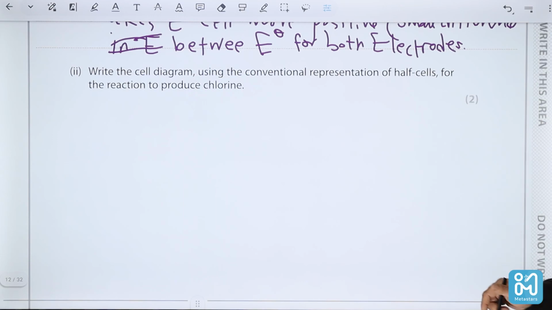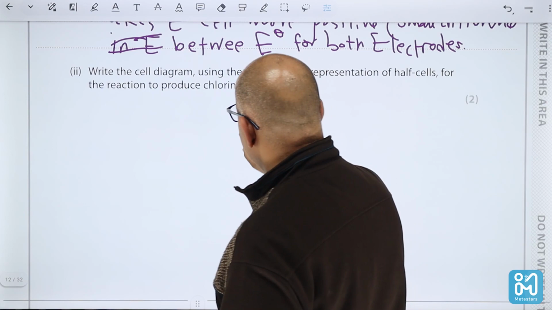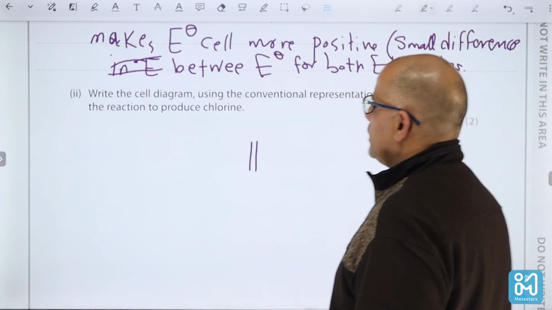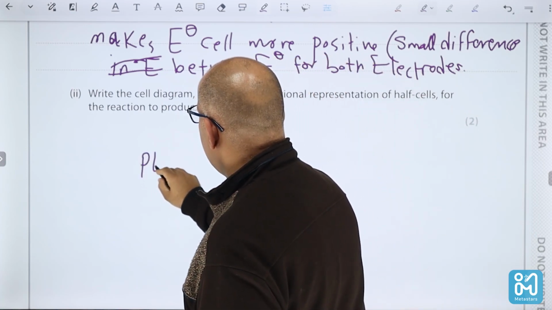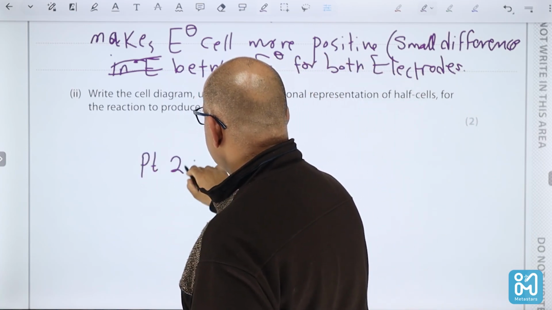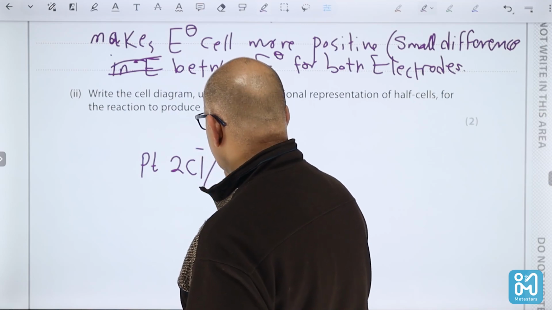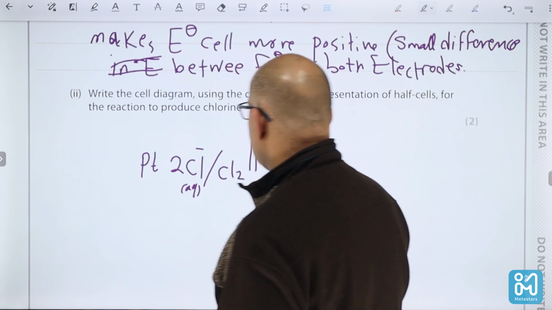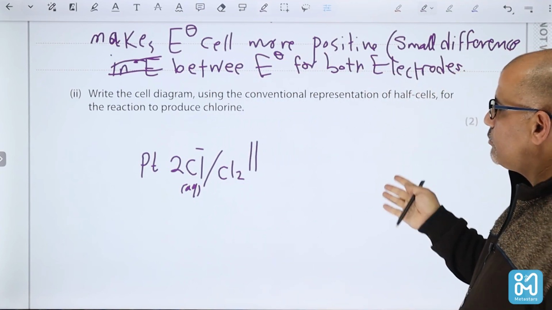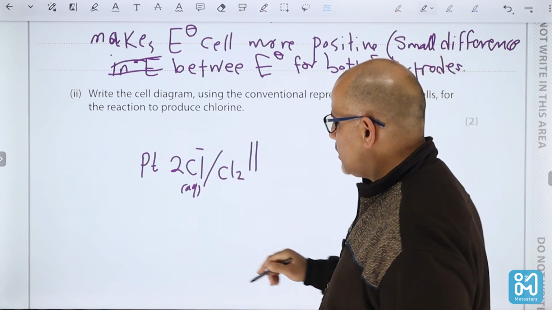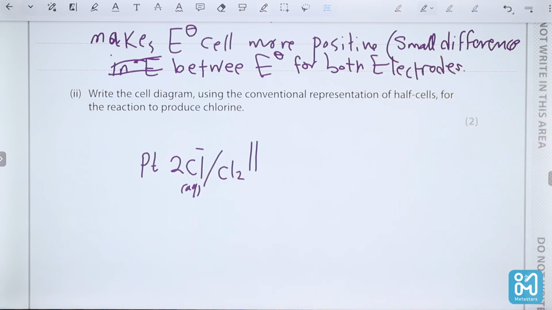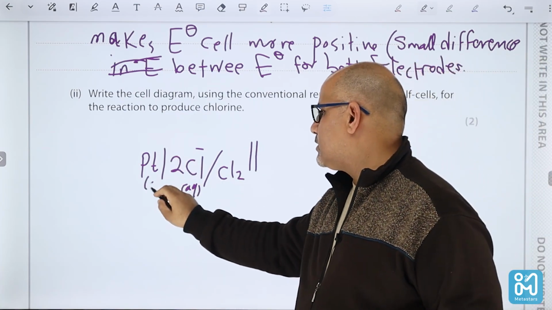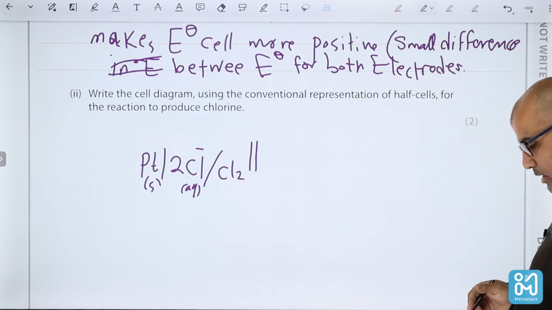So this is where the two lines here are used for the salt bridge, and you shall identify the platinum electrode where the 2Cl aq, when it states symbols, was changed to Cl2. And for the reduced one, this is the platinum electrode, and it is identified by a line like that, and it's in solid.